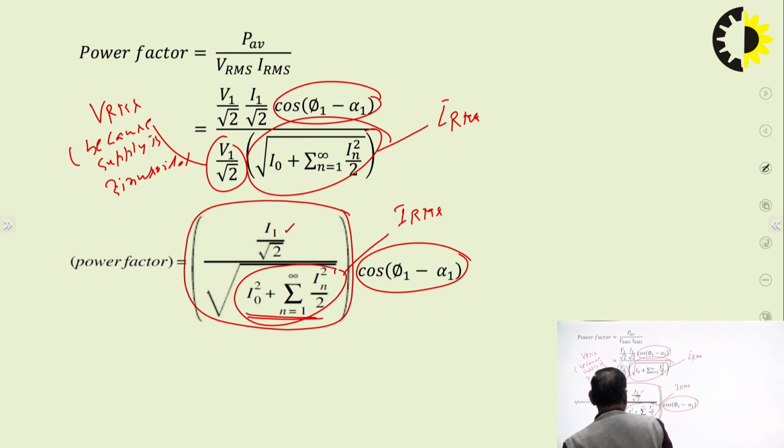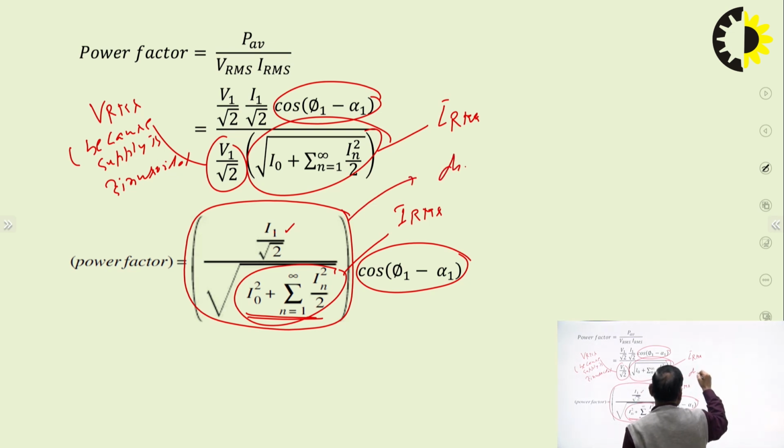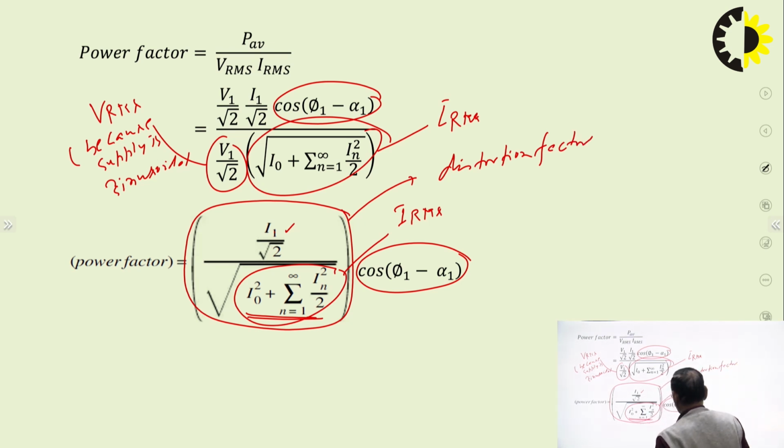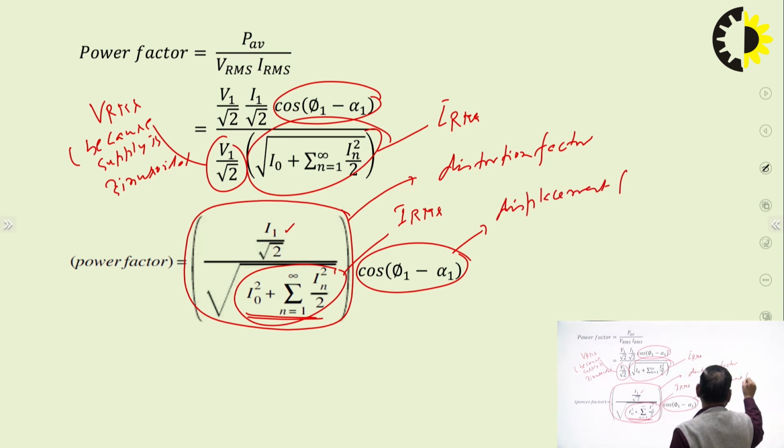So, what do we conclude? This is called the distortion factor, and this is called the displacement factor. Because the phase angle phi is not 0, it is called displacement factor.